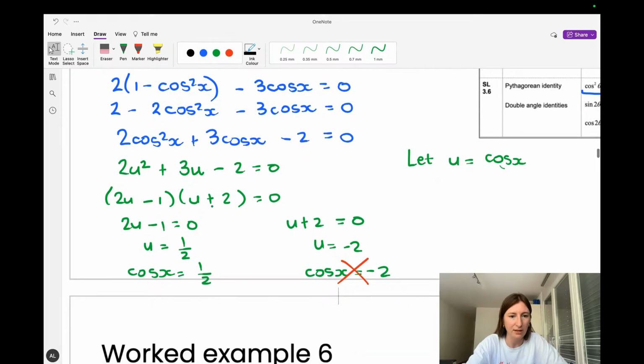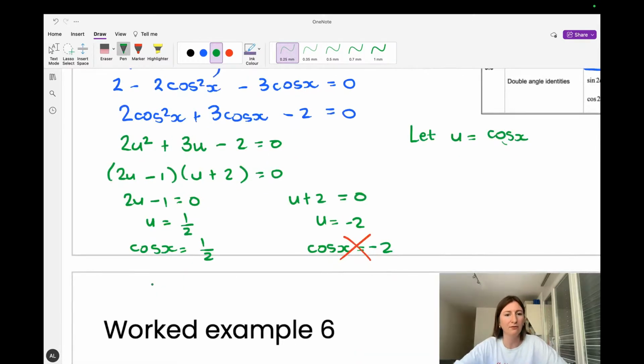In fact, I think we already had cos x equals a half, or did we have cos x equals minus a half? So then what we would do is we would find our principal angle, and I'm not going to do that part again because I did it a few times, so hopefully it's sticking now. But find your principal value of x and then solve for your domain.